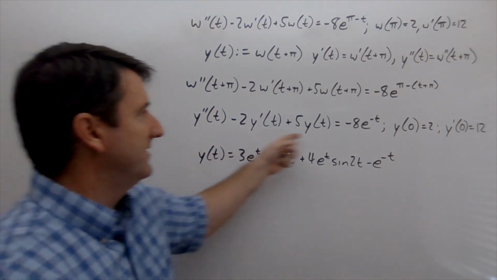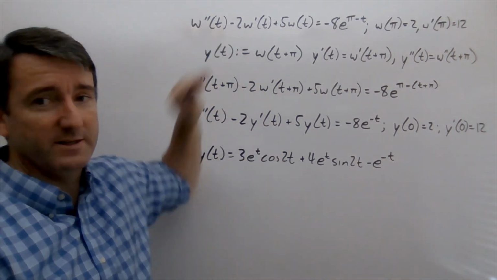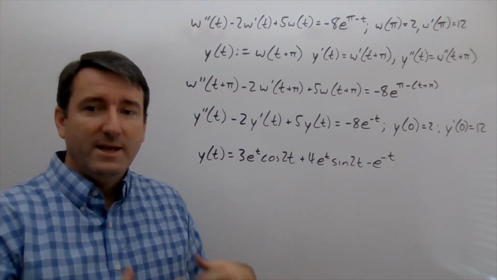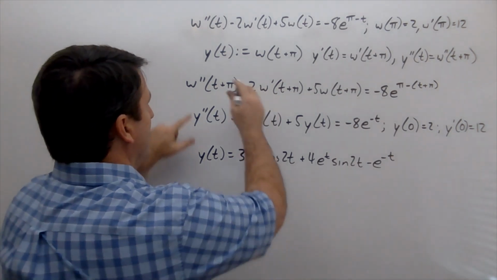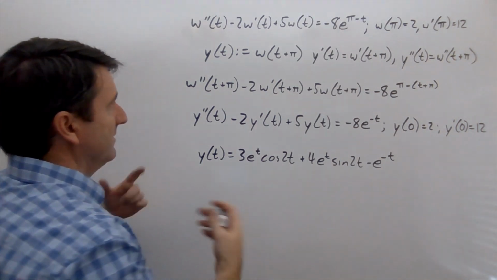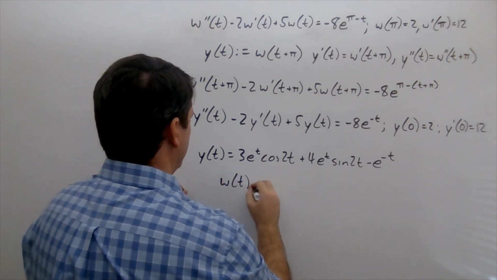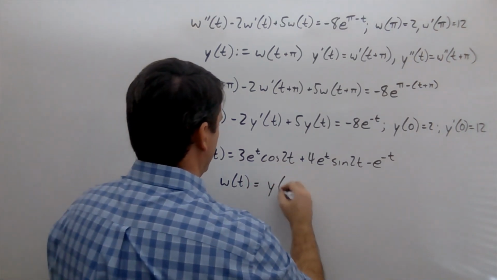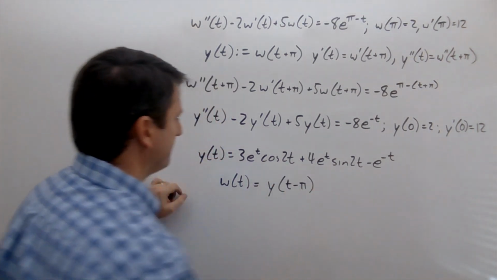So that's what we got for this problem, but that wasn't the problem we were given. We were given w. So we found y, now we need to find w. And so notice that if y of t is w of t plus pi, then w of t is going to be equal to y of t minus pi.